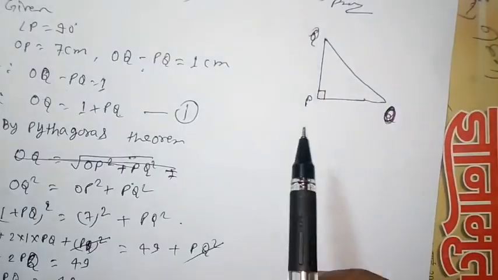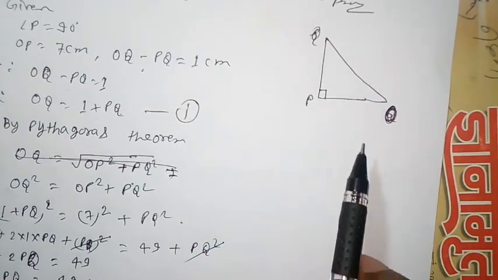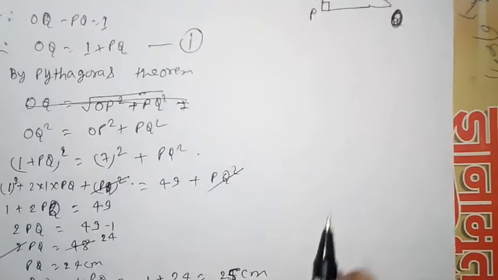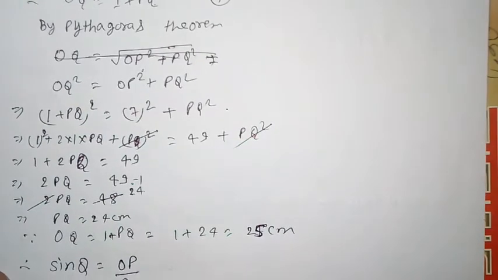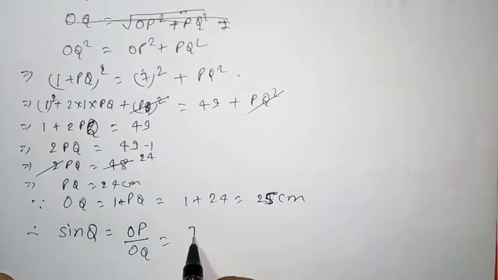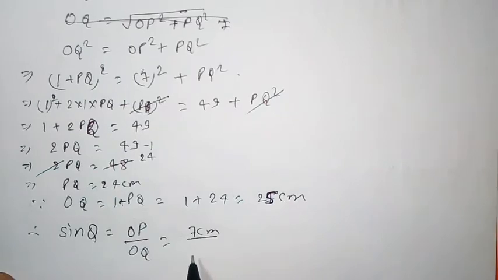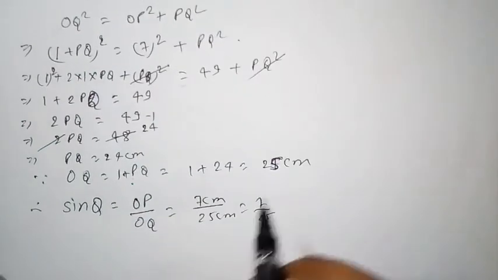For Q, the perpendicular is OP and the hypotenuse is OQ. OP is equal to 7 centimeter, OQ is equal to 25 centimeter, so sin Q is equal to 7 by 25.